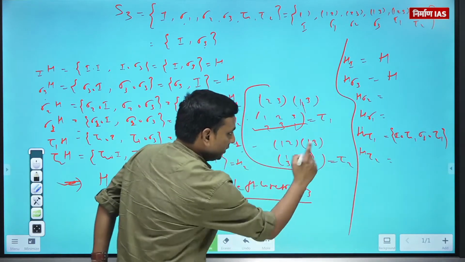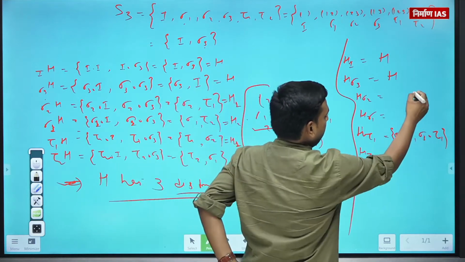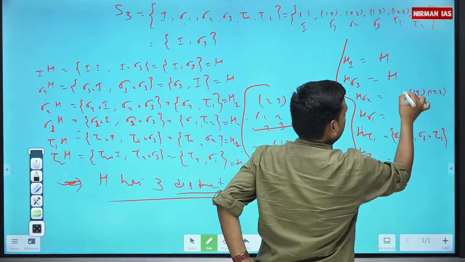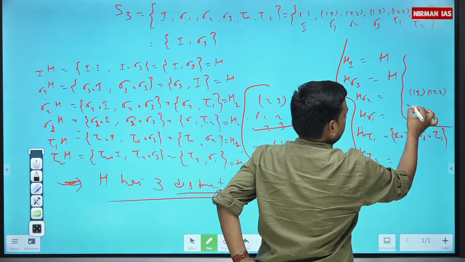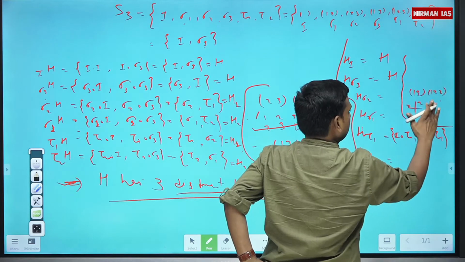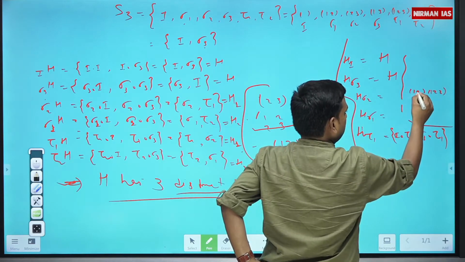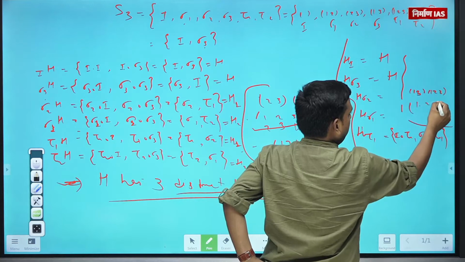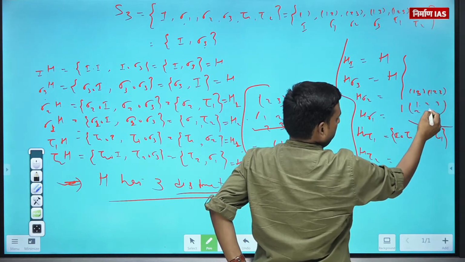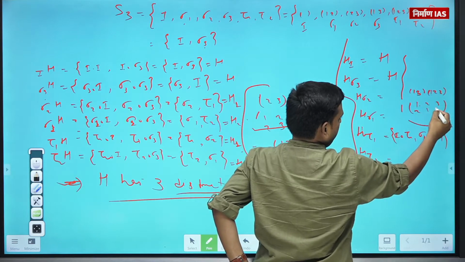If I want to know what is sigma 3 composition tau 1, sigma 3 is (1 3), tau 1 is (1 2 3). So 1's image is 2, 2's image is 2, 2's image 3, 3's image 1.